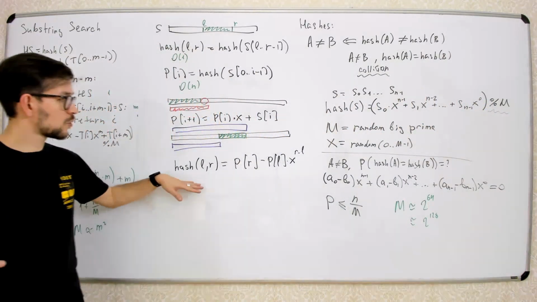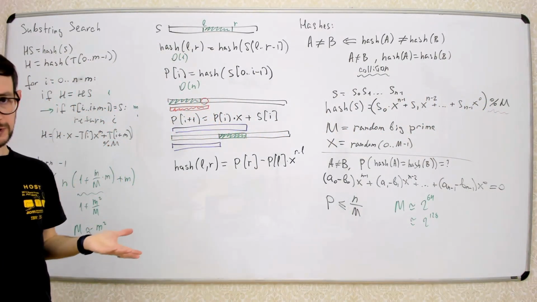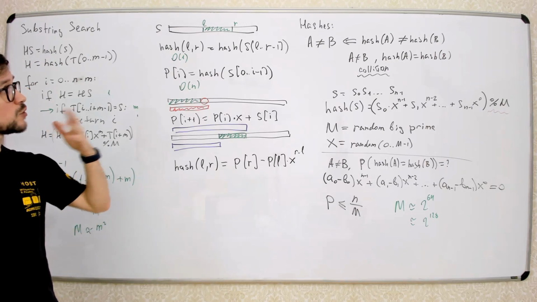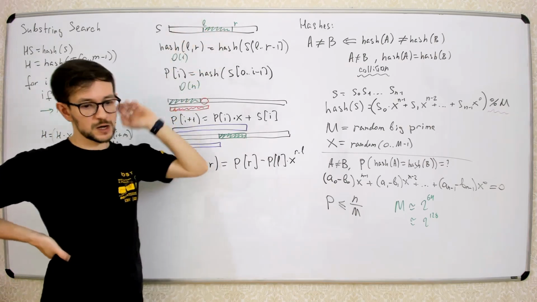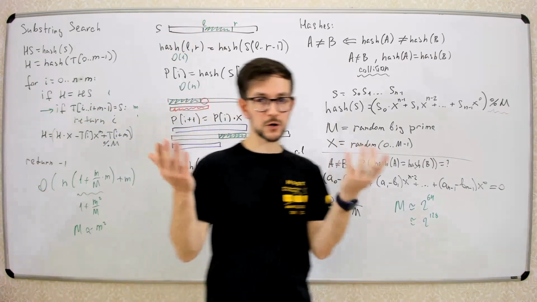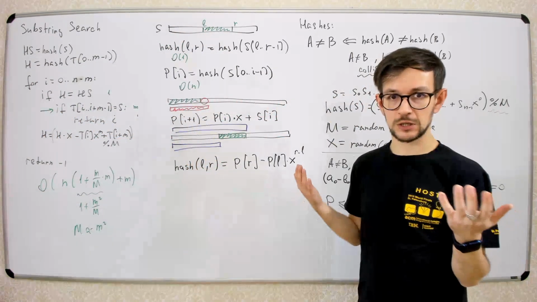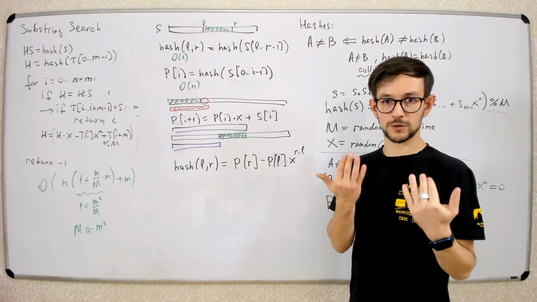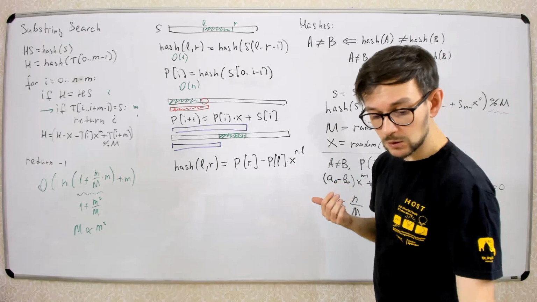Now, by using this formula, you can calculate the hash of any substring. That's cool, because when you can calculate the hash of any substring, you can compare two substrings. You can take any two substrings of your string and compare them: are they equal or not? And that's quite powerful, actually.